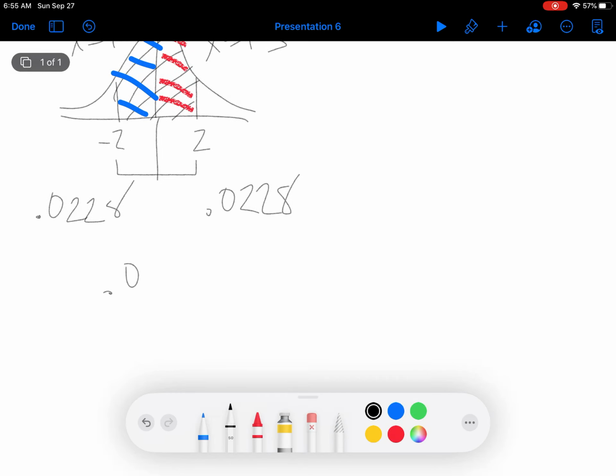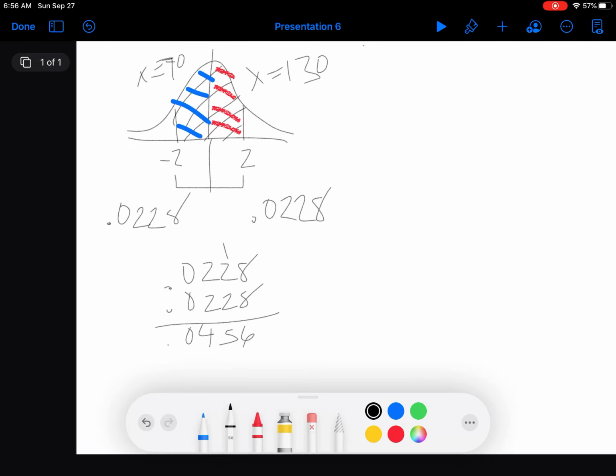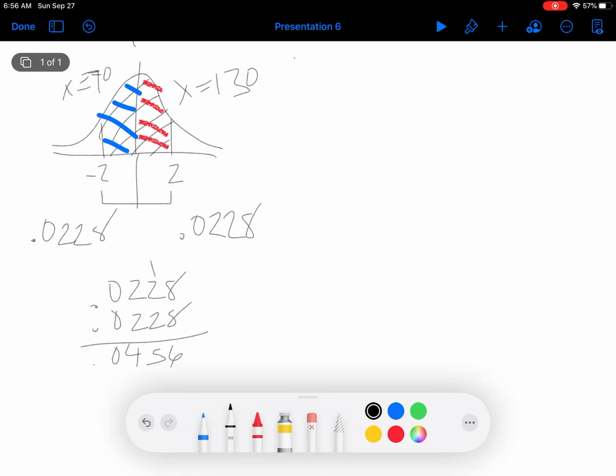So we would add 0.0228 and 0.0228, and we would get 0.0456, right? So that would be our proportion of, oh, look, I did it. I made the mistake.